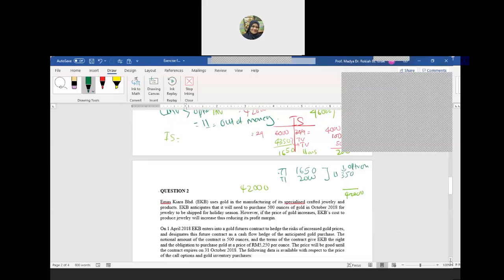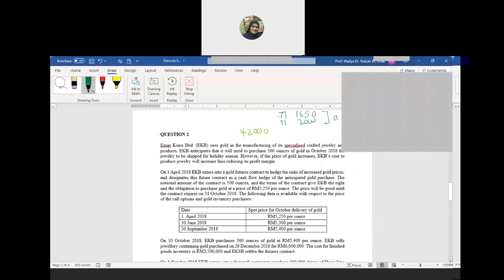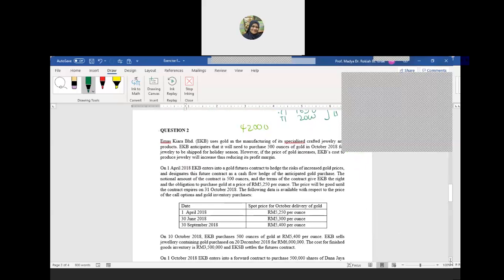However, if the price of gold increases, the cost will increase and they're going to reduce the profit margin. Then on 1st April 2018, EKB enters into a gold future contract to hedge the risk of the increase in the gold price, and designates the future contract as a cash flow hedge of the anticipated gold purchase.